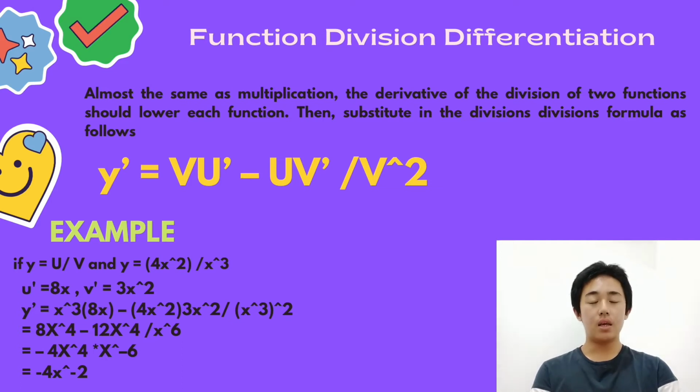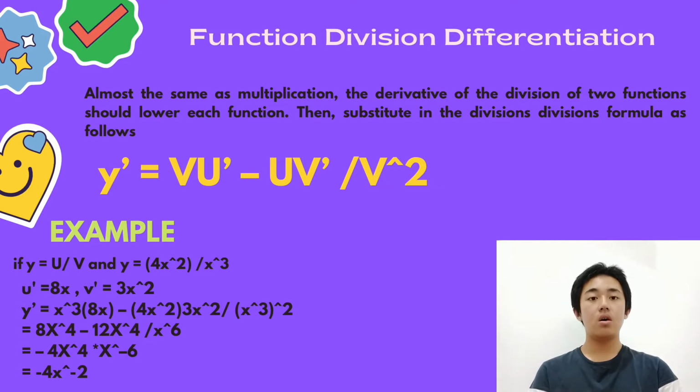So the derivative of u is 8x because we bring down the power number and we times it with 4. So 2 times 4 equals 8. And the power number we minus with 1. It is left with 1, and we don't really write it down, so it is 8x.